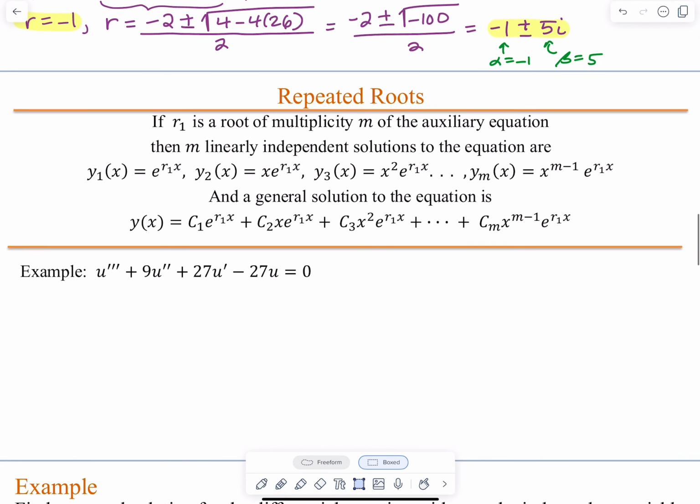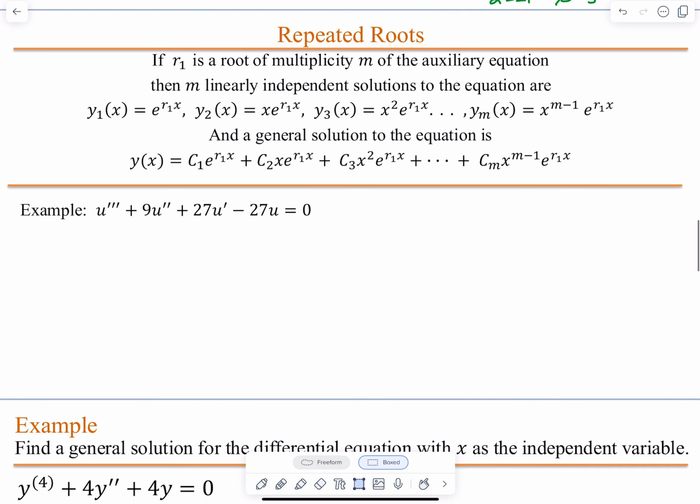So if r sub 1 is a root of multiplicity m of the auxiliary equation, then we have m linearly independent solutions, and they are y1 of x equals e to the r1 multiplied by x, y2, and if you'll remember, here we have this extra factor of x, an extra factor of x squared here, and so forth, all the way to x raised to the m minus 1 power.